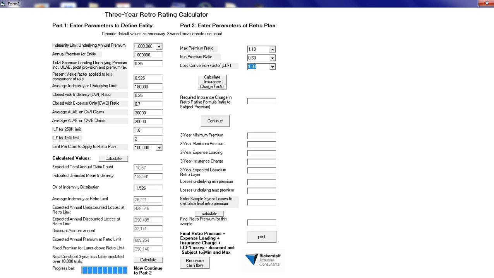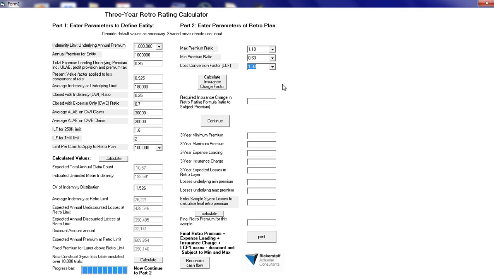The losses actually incurred, again, subject to the 100,000 limit, minus a discount, which is this number here. In other words, how much investment income the original premium drew over that period of time, and that number subject to a minimum and a maximum.